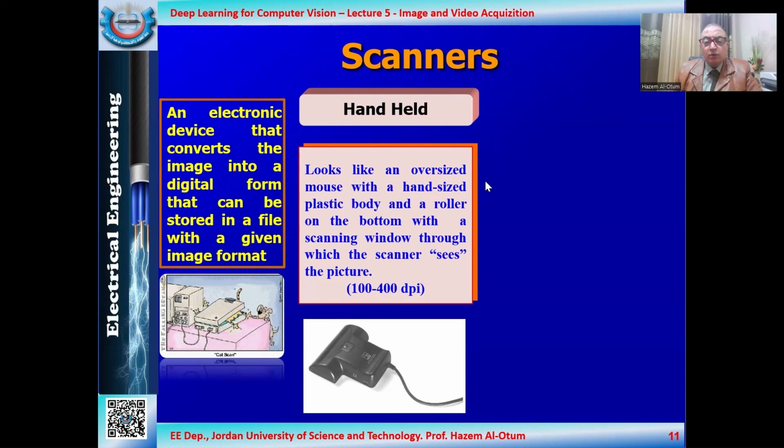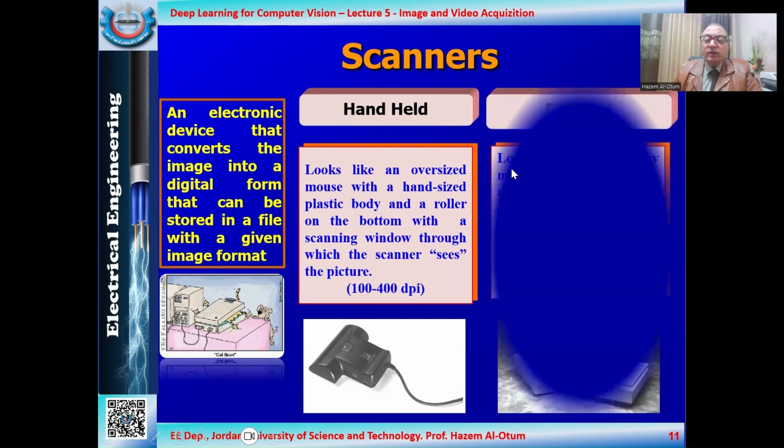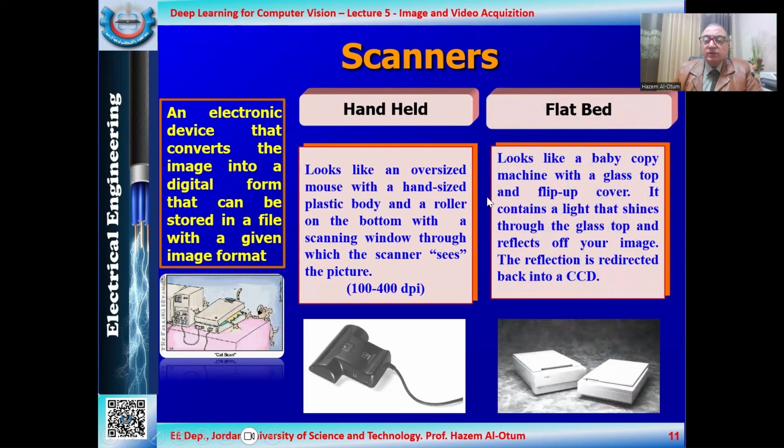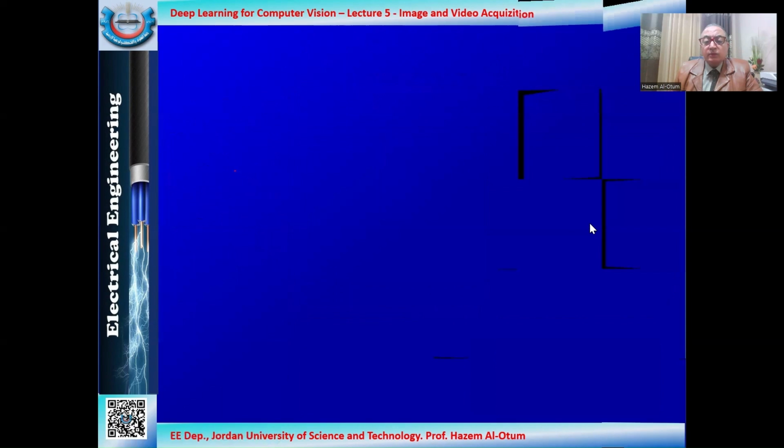It may be more or less depending on the company that manufactures these devices. The flatbed scanners are very familiar, and they are always attached to computers. Here the resolution will be up to maybe a couple of 1000 dpi, which is very high.